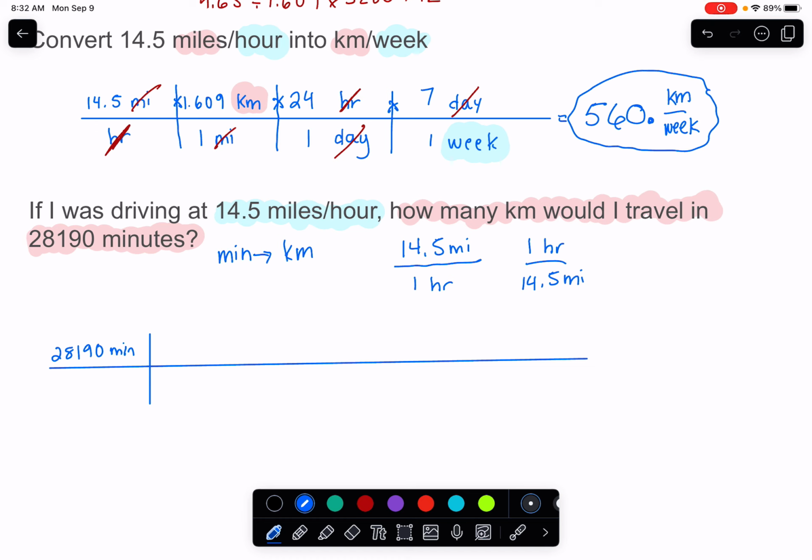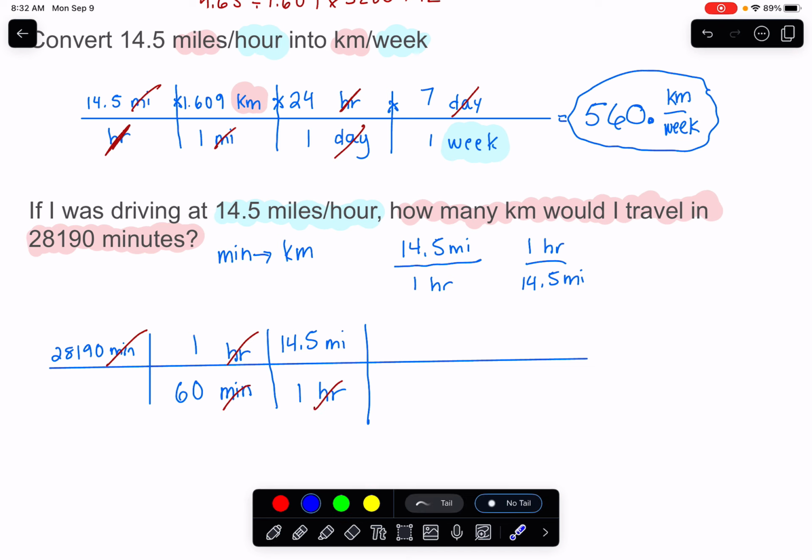So in order to actually use that, I have to change minutes to hours first. 1 hour contains 60 minutes. And then once I do that, I can actually change hours to miles using the 14.5. So 1 hour is 14.5 miles.